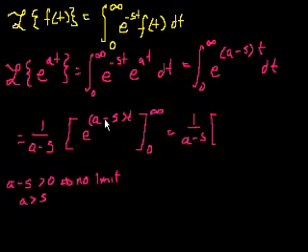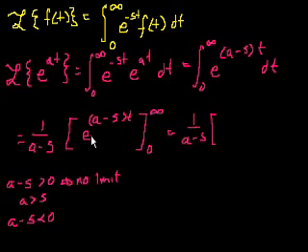Now, what happens if a minus s is less than 0? Well then this is going to be some negative number here, right? And then if we take e to an infinitely negative number, well then that does approach something. That approaches 0, and we saw that in the previous video.